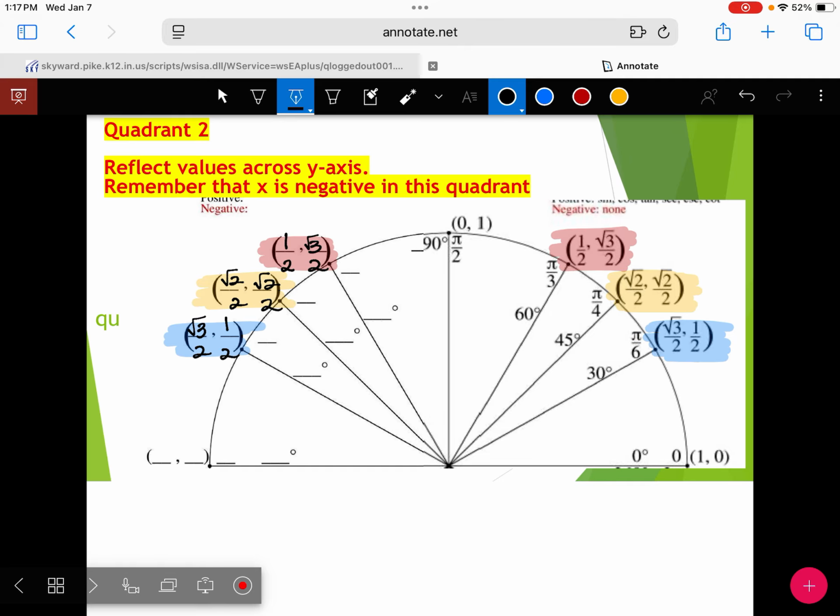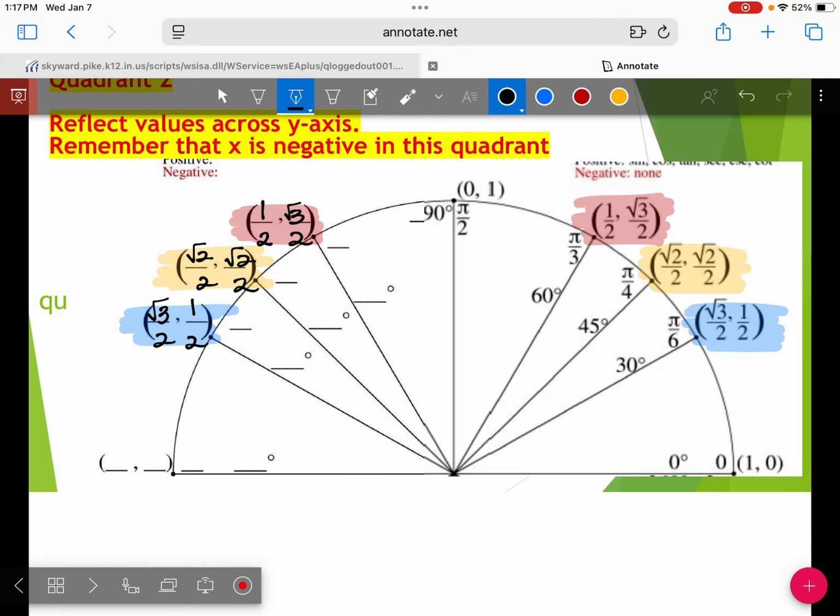Now we're ready to fill in the degrees. Now you're basically adding to where you start. Now we're starting at 90. I'm going to add 30, 45, 60. So what is 90 plus 30? 120. So put 120 right here. That's my 120 degree angle. 90 plus 45. 135.